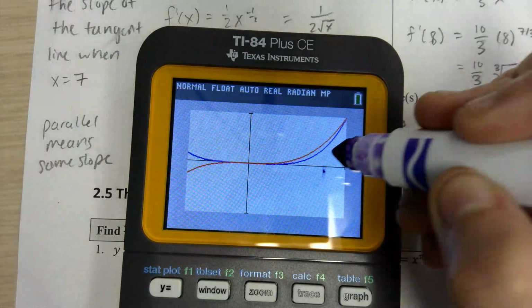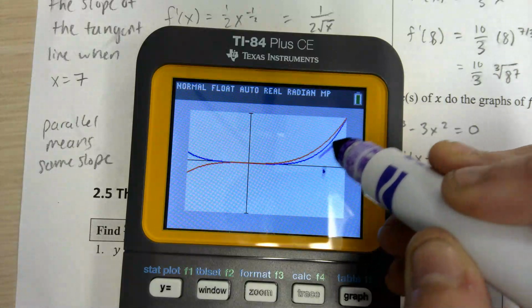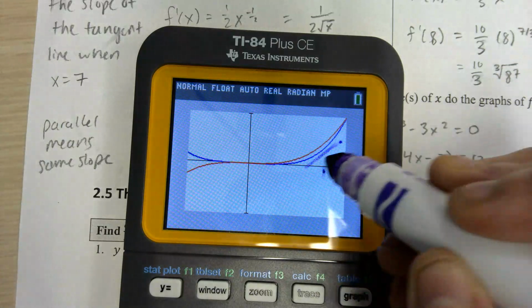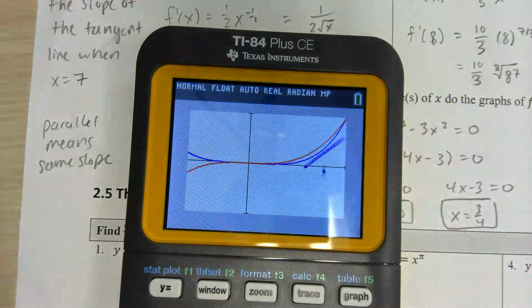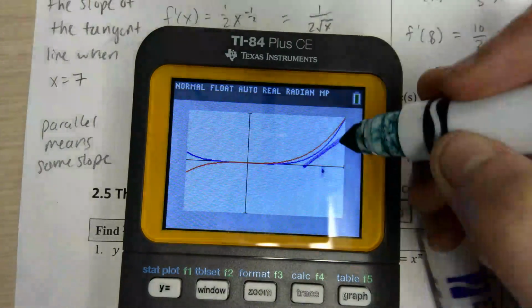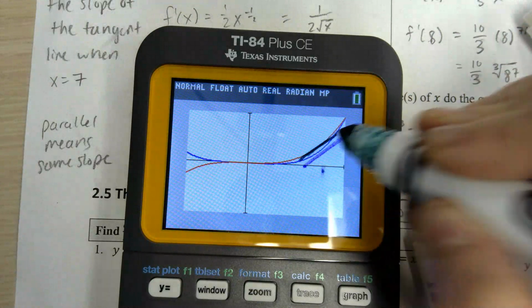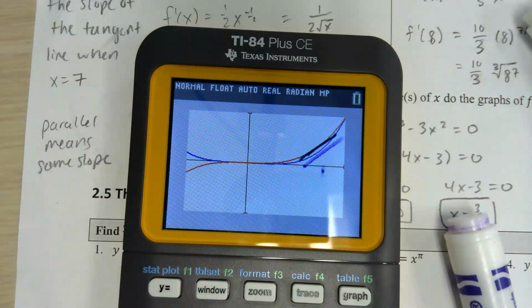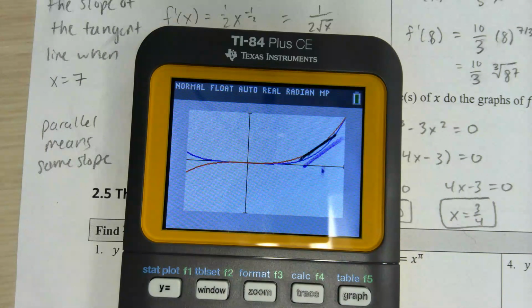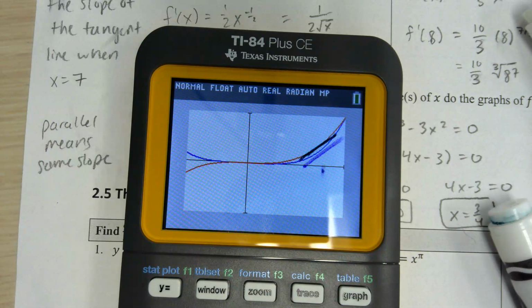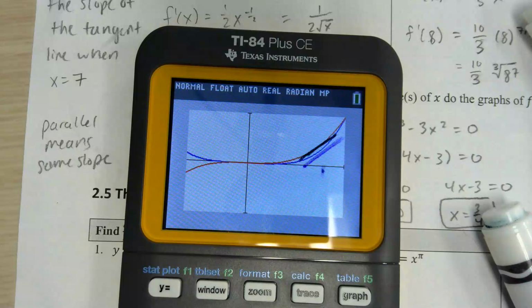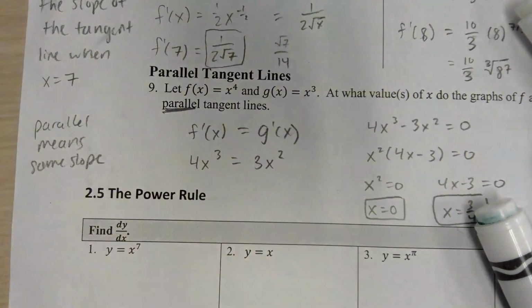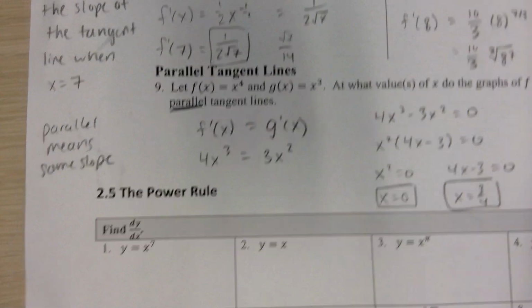If we look here, we have this line with a slope like that, and then the red line has a similar slope. So those two slopes are parallel. That's what it's asking. It's not asking when the graphs themselves are the same. It's asking when the slopes are the same, when the derivative is the same. So that's why we take the derivative first and then find where they equal each other.